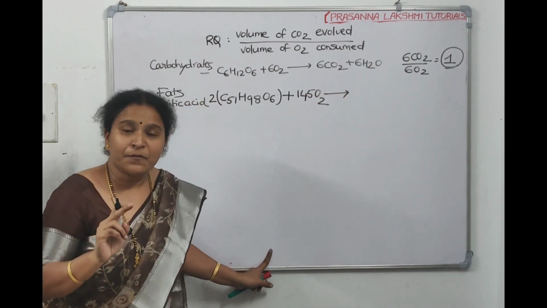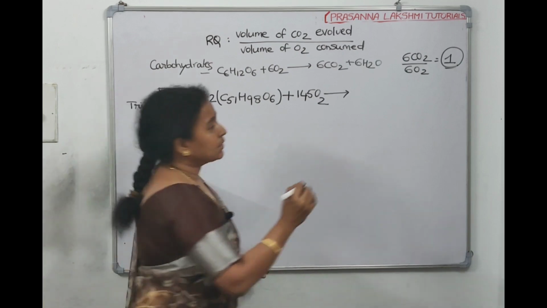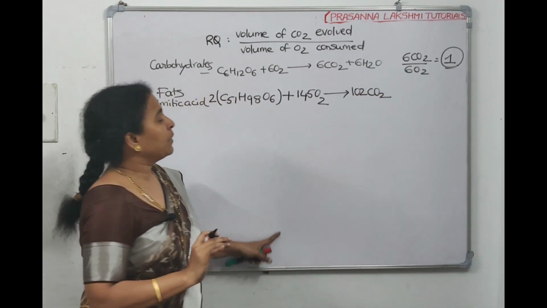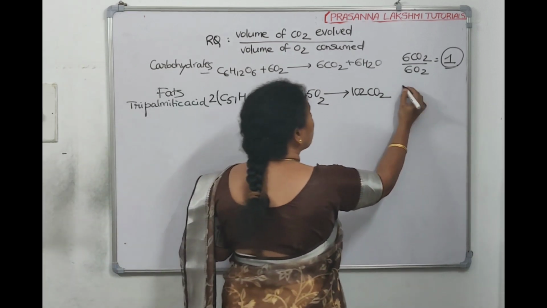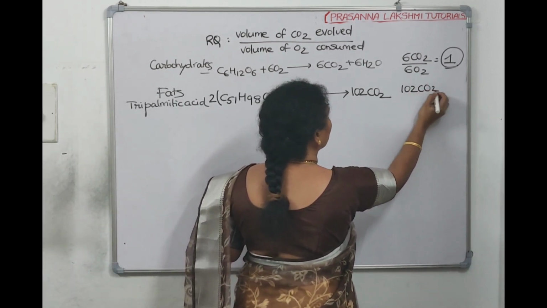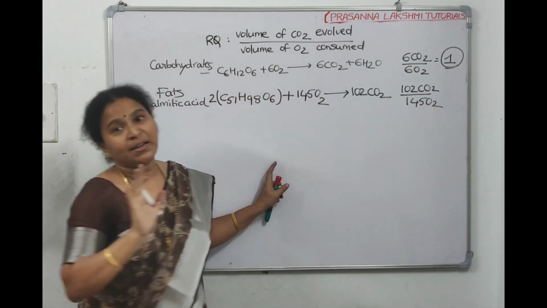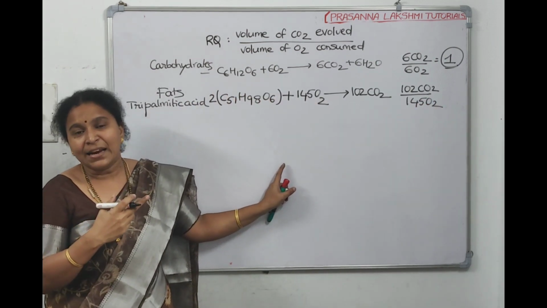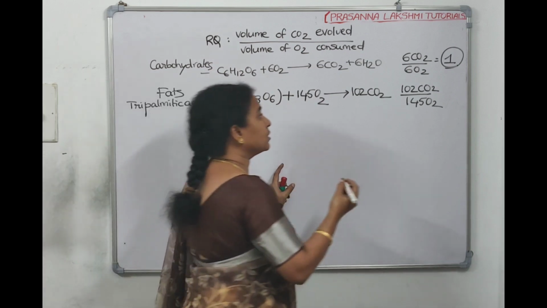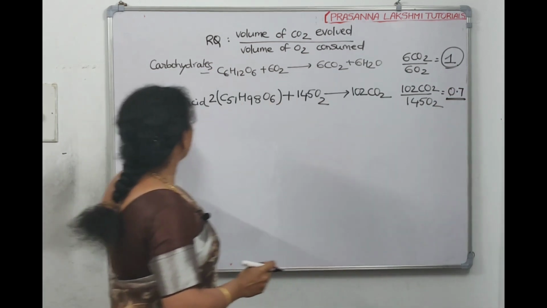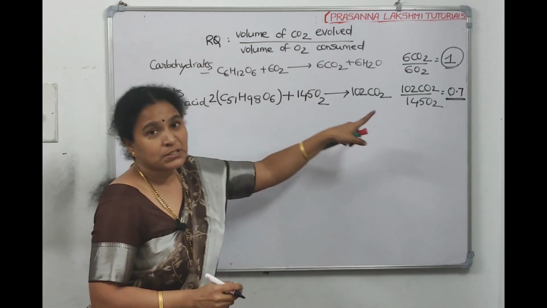It takes 145 oxygen molecules to release 102 carbon dioxides only. Then the formula will be 102 CO2 by 145 O2. The denominator is more. When we simplify it, we will get 0.7. That means fats will have an RQ value of 0.7.